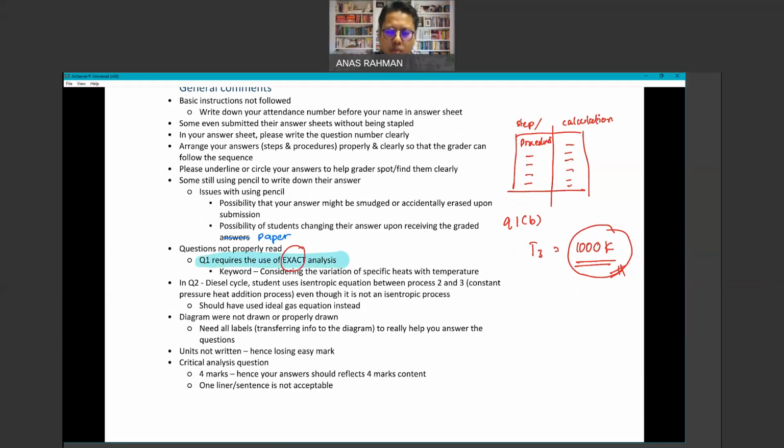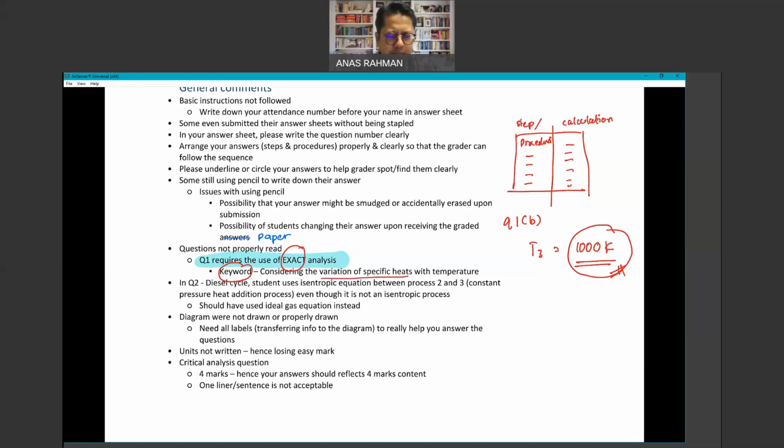But so many students basically used approximate analysis to answer the first question. Most of the students did not look at the keywords given, which is considering the variation of the specific heat with temperature.